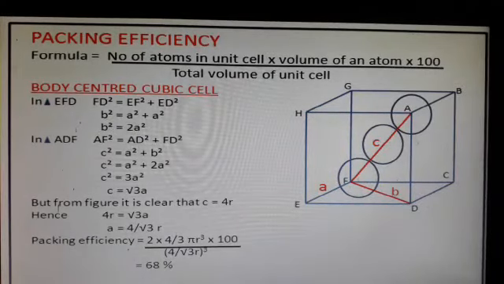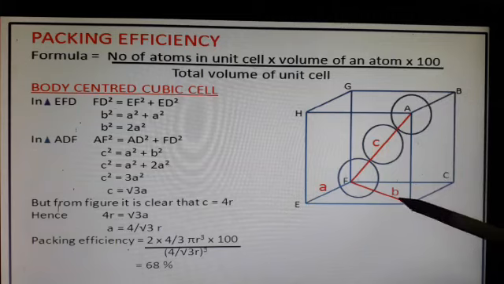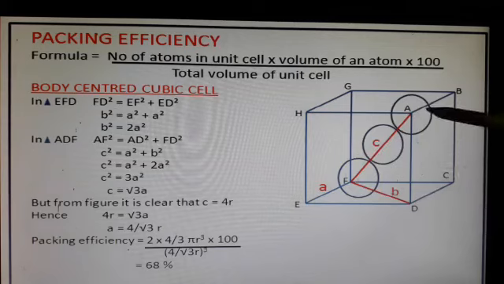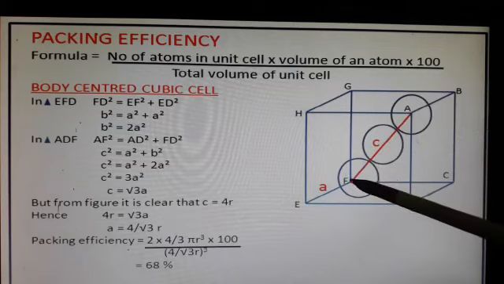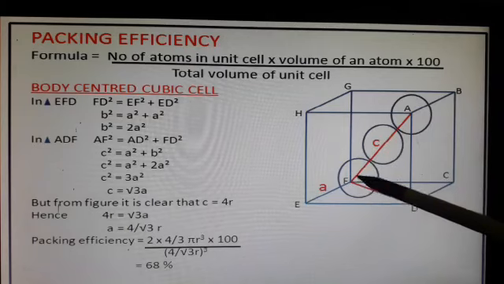In triangle ADF, triangle A, D and F. Here you see FD is a square diagonal, and AD, this angle is a right angle. Okay, so it's a right triangle. So in this right triangle, AF is its hypotenuse, FD base, AD perpendicular.